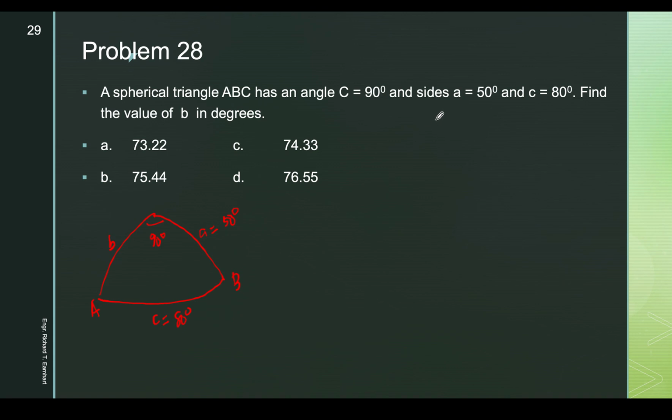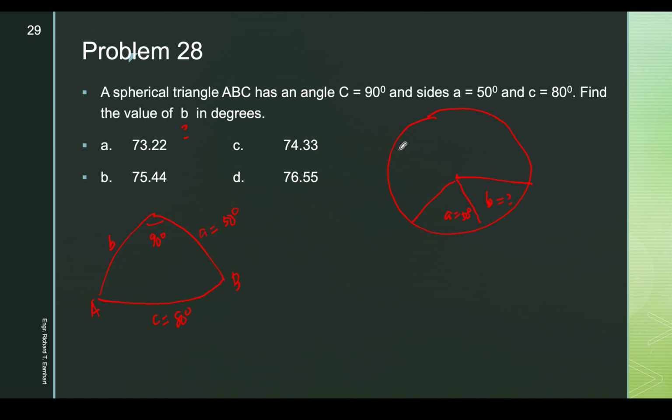Okay, now let us draw our Napier circle. Okay, so note that A and B are adjacent, no? So A and B, so let's say this is our A, which is 50 degrees, and then unknown B. This is what we want to know.